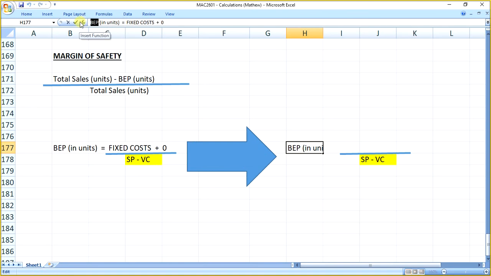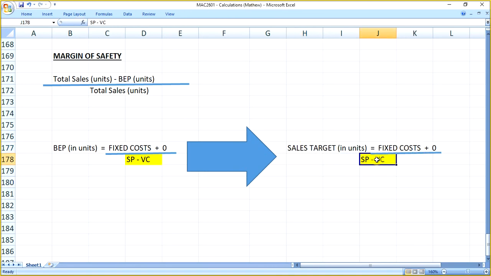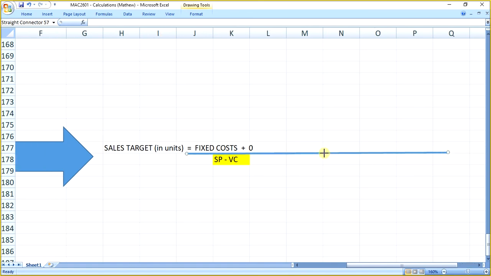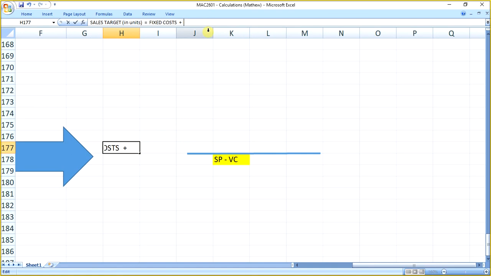It's basically just called a target. Okay, sales target. And what is the sales target going to be? It's just going to be your fixed costs plus whatever profit you're wanting. That's the only thing different.